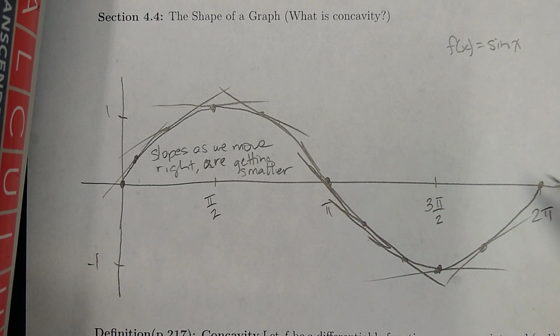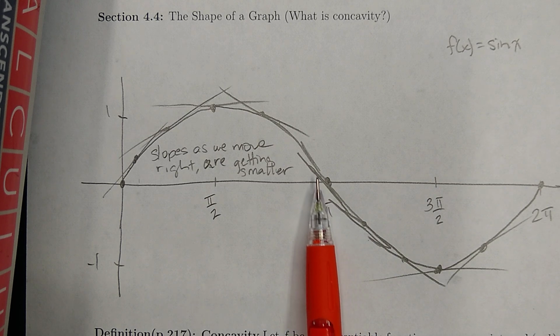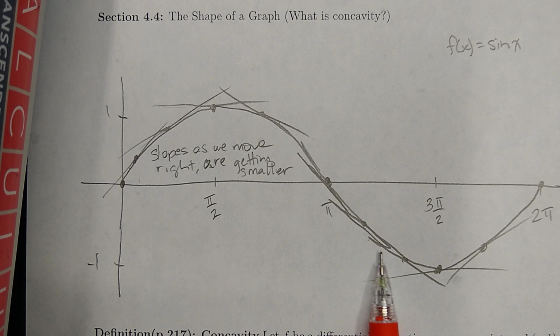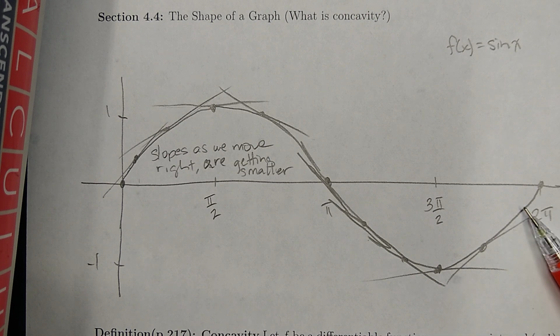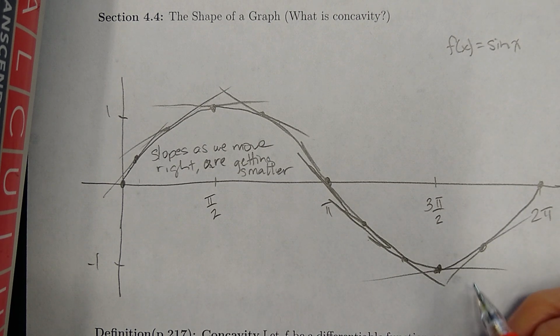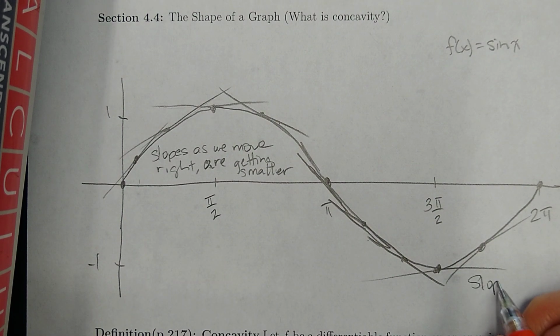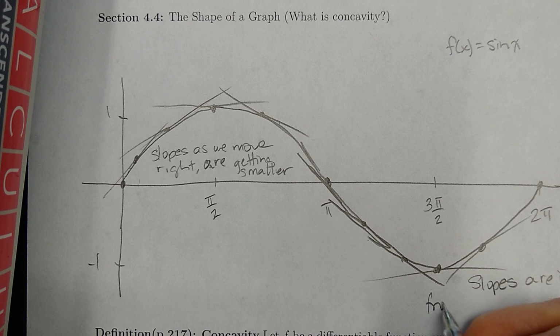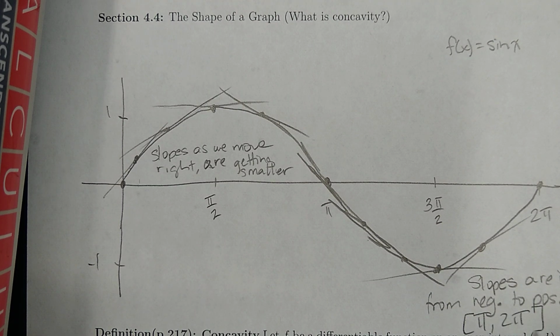And on the interval from pi to 2 pi, my slopes are big negative, negative, less big negative, 0 slope, positive slope. So slopes are going from negative to positive on the interval from pi to 2 pi. So let's note that. Slopes are increasing from negative to positive on the interval from pi to 2 pi.